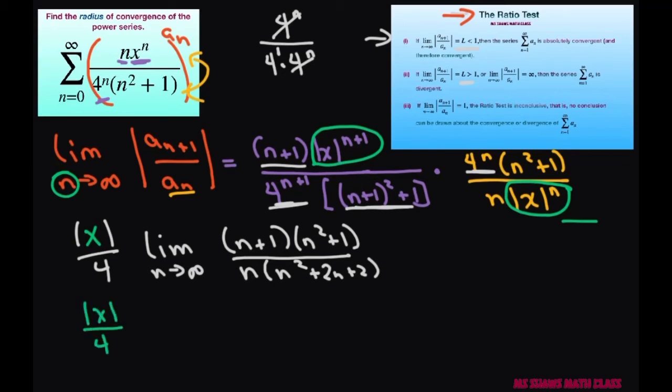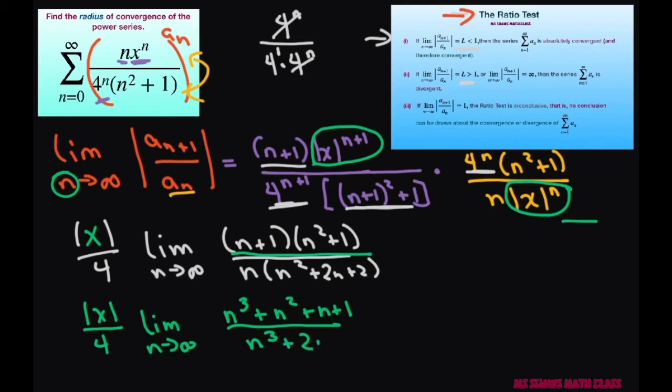Absolute value of x over 4, taking the limit as n approaches infinity. We need to know what we have here. So simplifying that, or condensing it, n cubed plus n squared plus n plus 1. Denominator is just going to be n cubed plus 2n squared plus 2n.